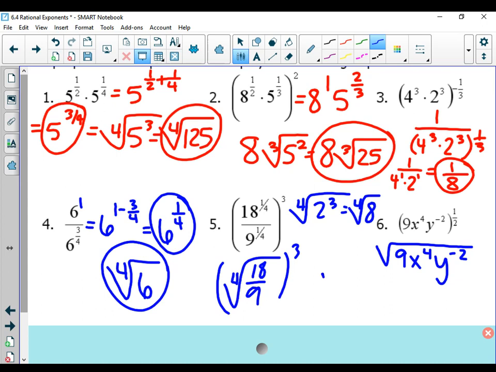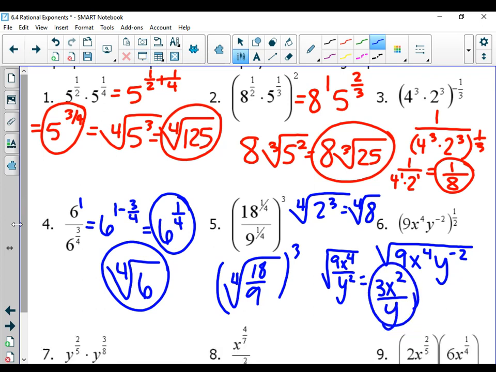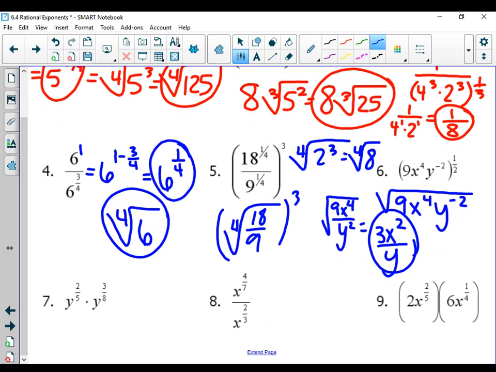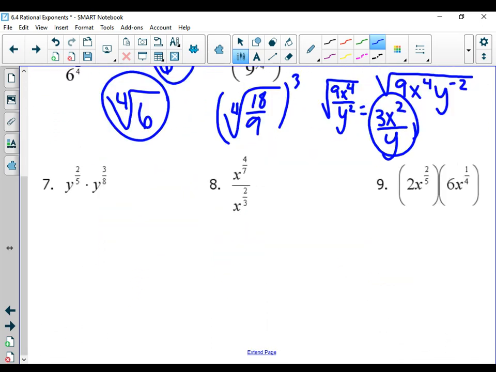So I can write that as 9x to the 4th over y squared. And conveniently, those are all things that can take the square root of. Square root of 9 is just 3. Square root of x to the 4th is x squared. And then over y. Let me scroll up so some of y'all can see this in the back. There we go.